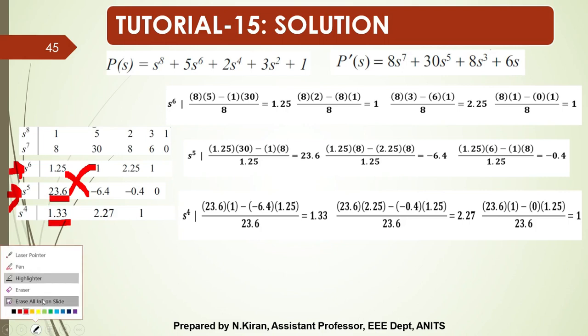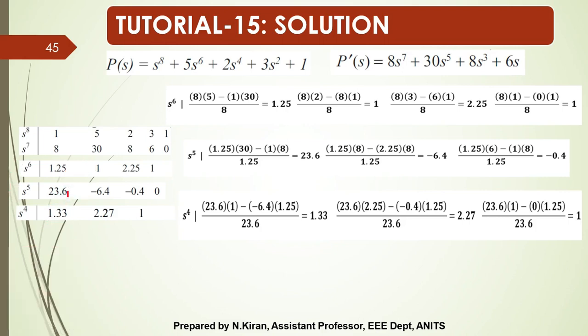The next element, 23.6 into 2.25 minus of minus 0.4 into 1.25 by 23.6 will give me the second element, which is 2.27.